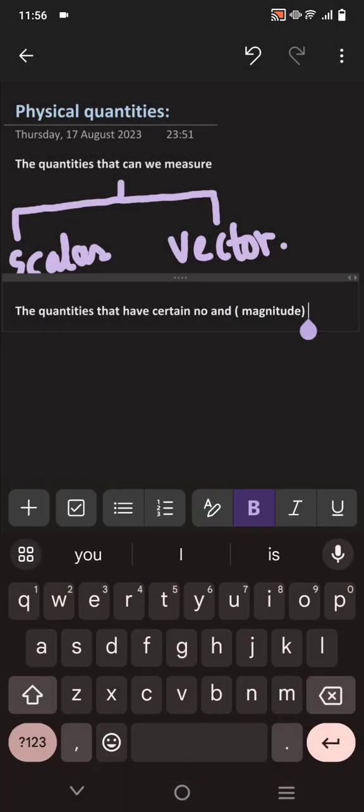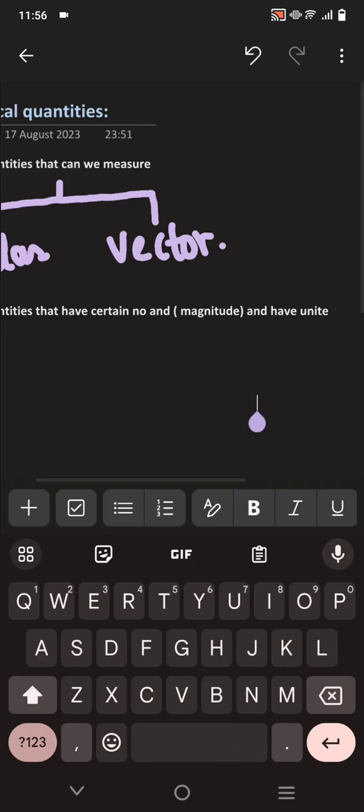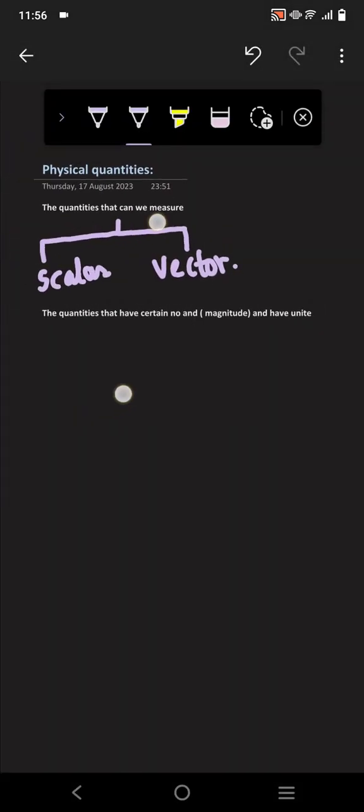Let's just begin. The quantities that have a certain number and magnitude and have a unit are known as scalar quantities. Alright, I hope you got this right.